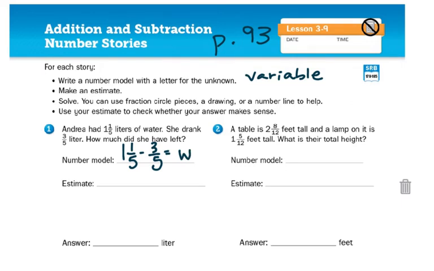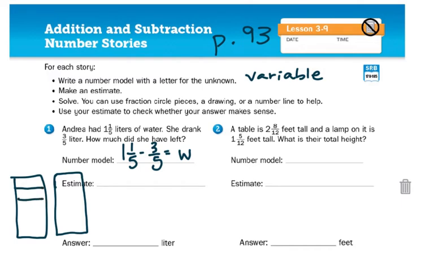Now, if I wanted to draw a picture, I could draw 2 water bottles and divide each of those into fifths each liter. So 1, 2, 3, 4, 5. 1, 2, 3, 4, 5. So let's see. The first one, fill in that.